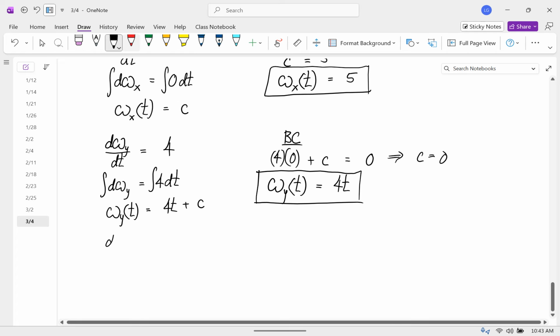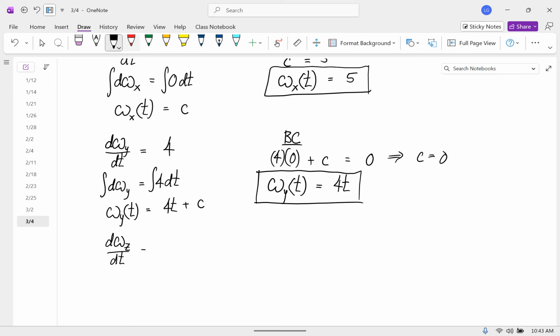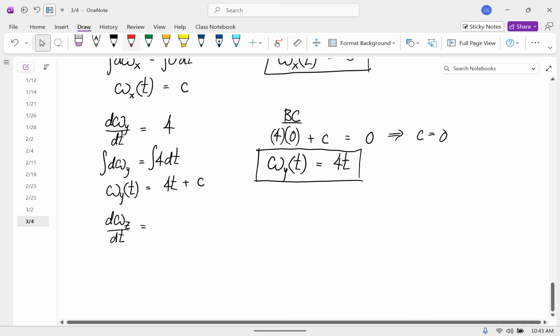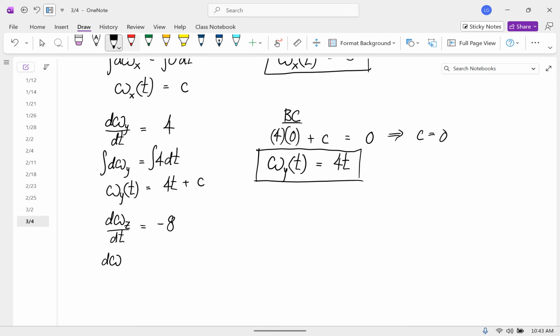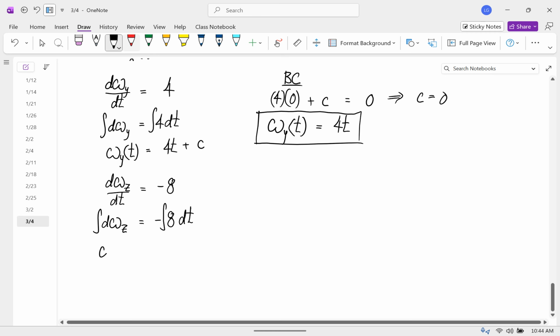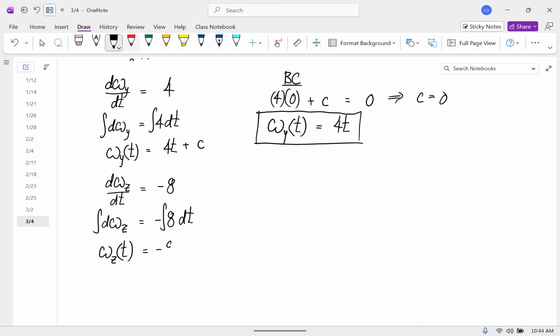And then the last one, d omega z dt is equal to -8. So d omega z is equal to -8 dt. Integrate both sides, and you get that omega z as a function of time is equal to -8t plus a constant of integration.